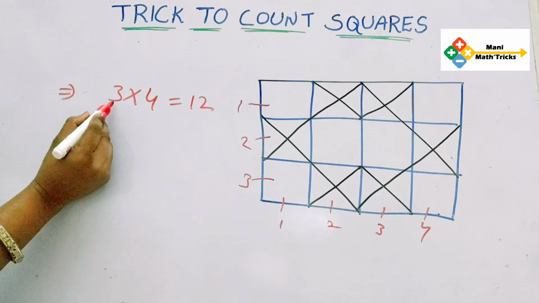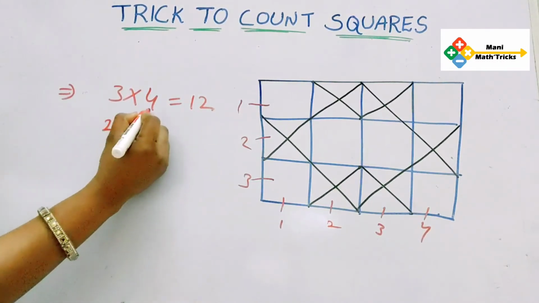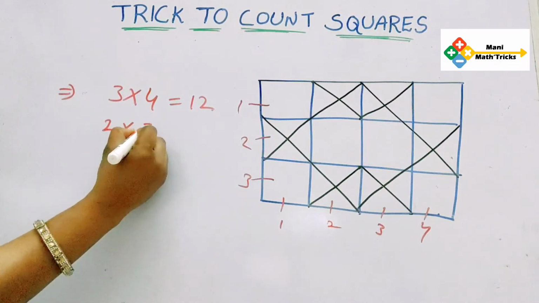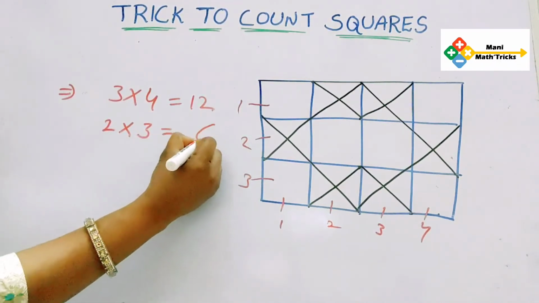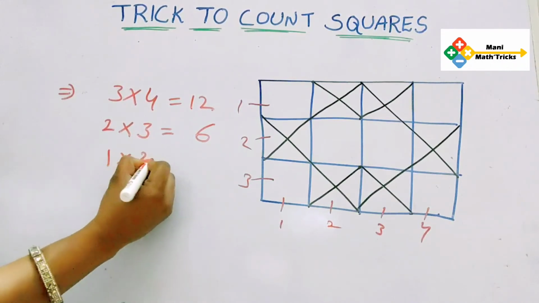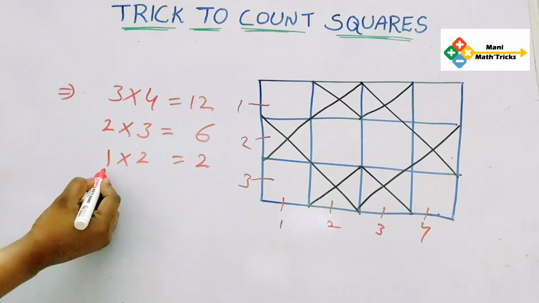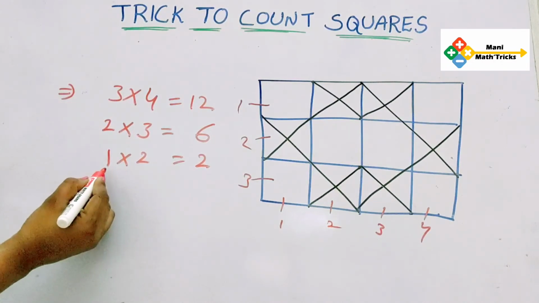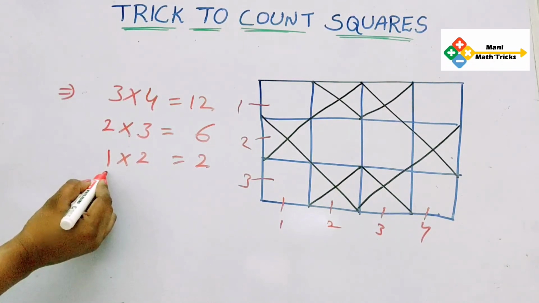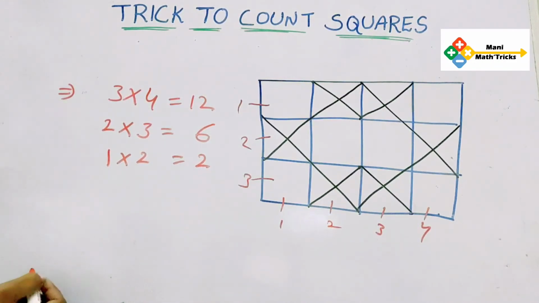And you need to reduce this number by 1, so it will become 2. And this also reduced by 1, then it will become 3. 6. And then reduced by 1, reduced by 1. Now hereafter we need to stop, because if you reduce further it will become 0, so the answer also will be 0. So we need to stop here.